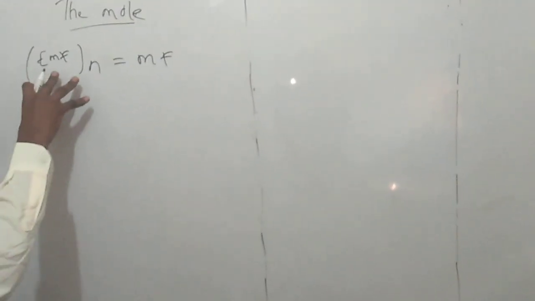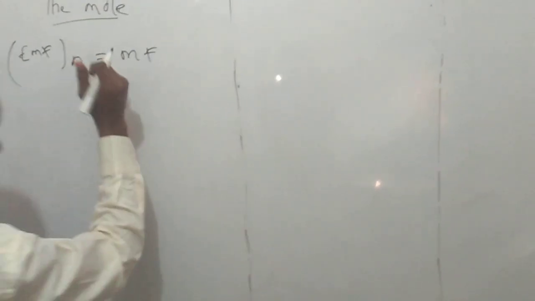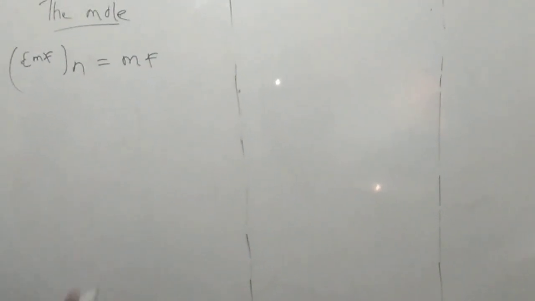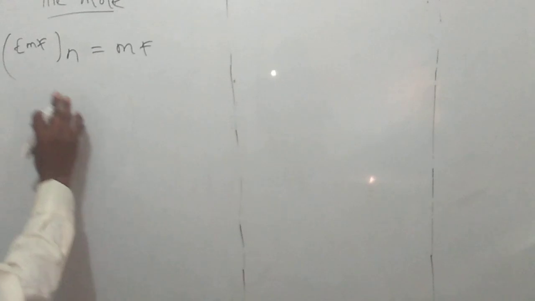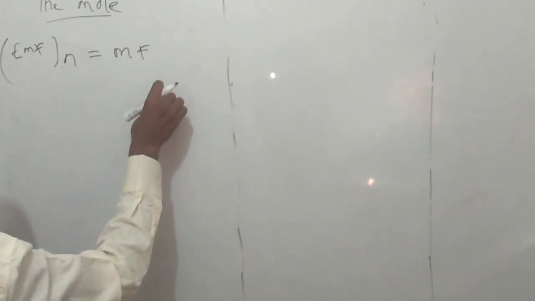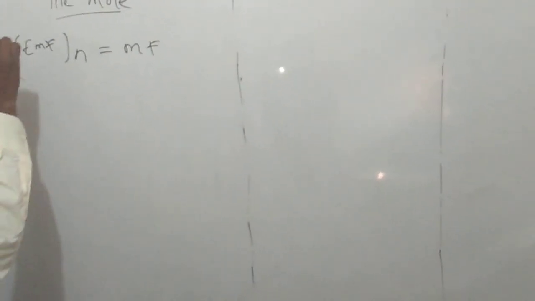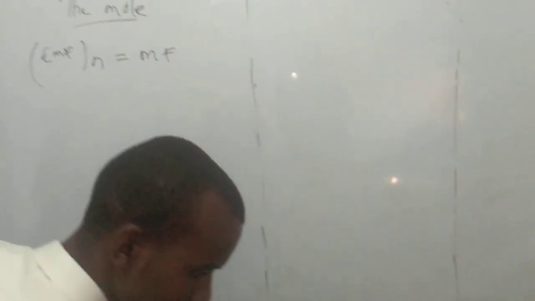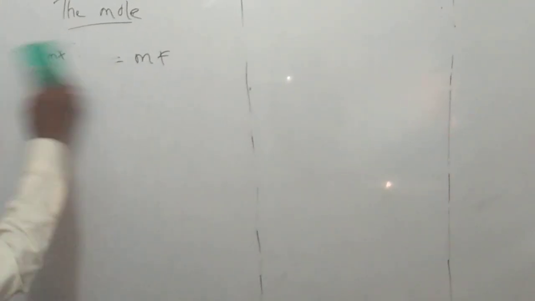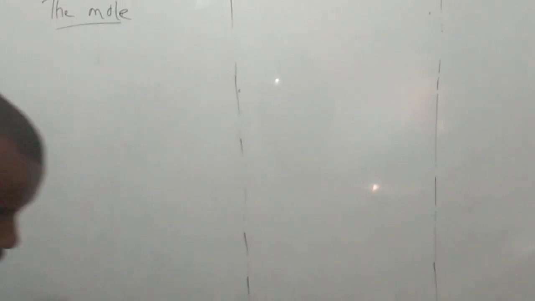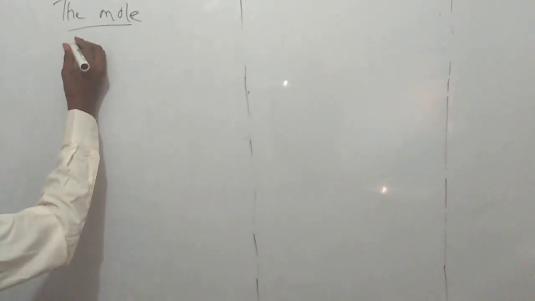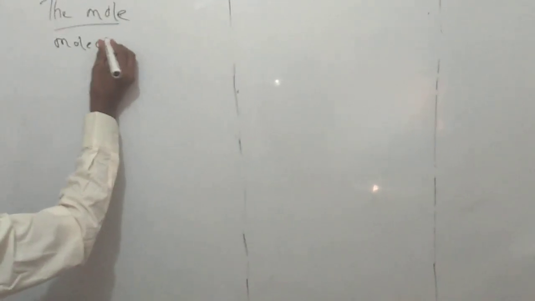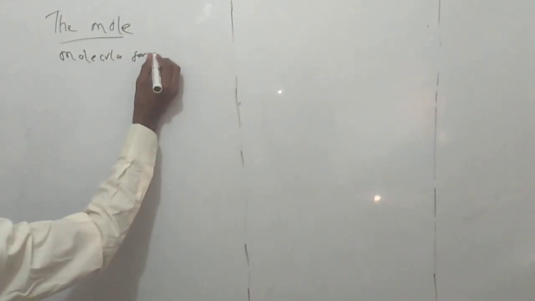First, you raise this empirical formula to N and equate it to the molecular mass. Then you divide by the empirical formula mass to get the number N. That N multiplied by the empirical formula will give you the molecular formula. So let's have an example so that you know how we calculate the molecular formula. Here, under the heading molecular formula.